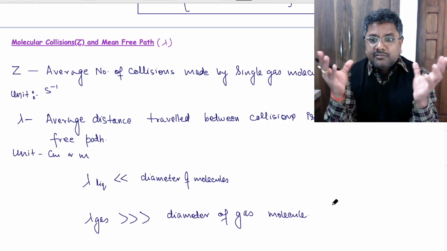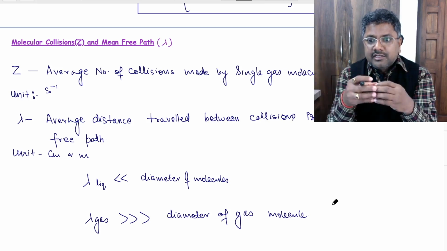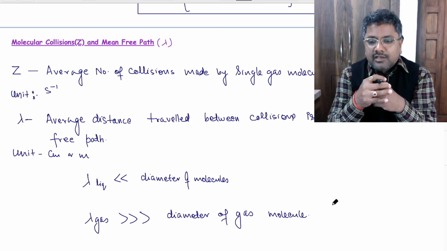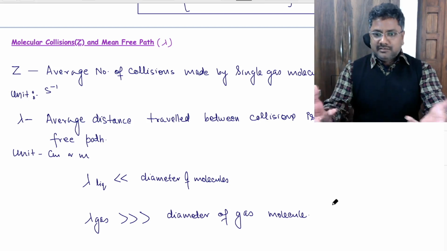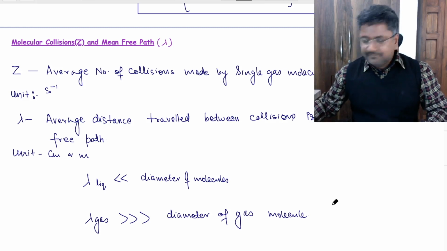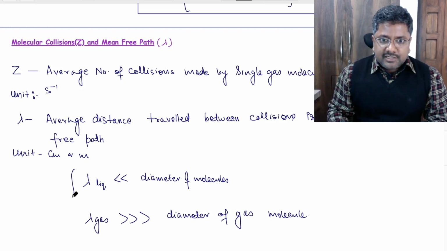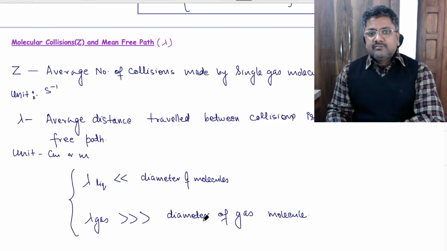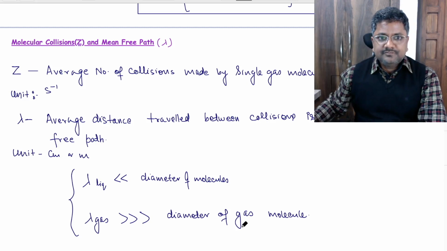Because this mean free path is so large and the probability of collision is so rare between two molecules that it will take years, or it may immediately collide. Nobody knows, right? But it is sure that lambda for gases is much larger than the diameter of the gas molecule, right?